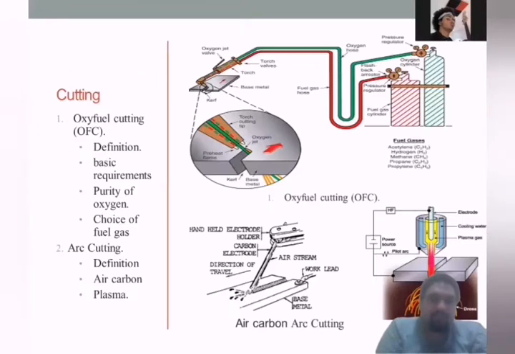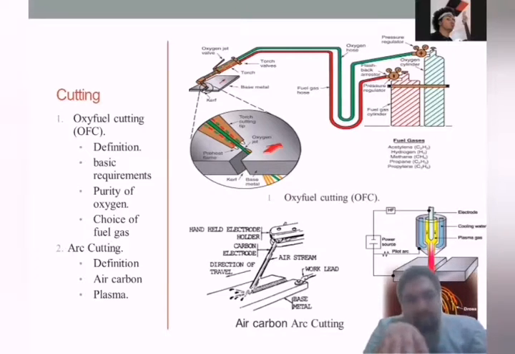Finally, I'm going to move to cutting, and cutting is divided into two sections: oxy-fuel gas cutting and arc cutting. Both sections were explained in the welding area, oxy-fuel welding and arc welding. It's a similar process, however, the difference is that the heat generated is meant to cut through the workpiece rather than weld it.